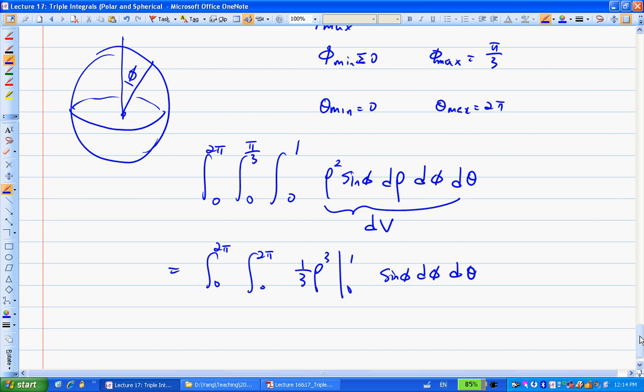Here is the inner integral: one third rho cubed, substituting 0 to 1 into it. Then 0 to 2 pi, one third, sine phi d phi d theta.